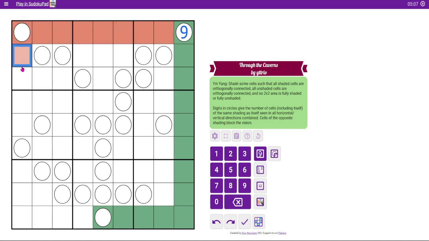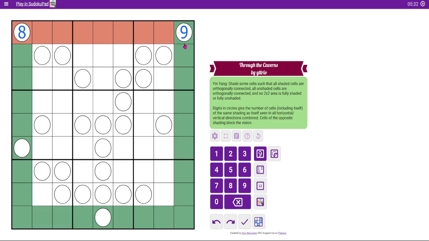But can this one be red now? If this is red, we are seeing 9 red shaded cells, but we already have a 9 in the row, so this one needs to be an 8. And now we know this one is green. We need to connect it down to the other green, so let's shade all of these squares green as well.